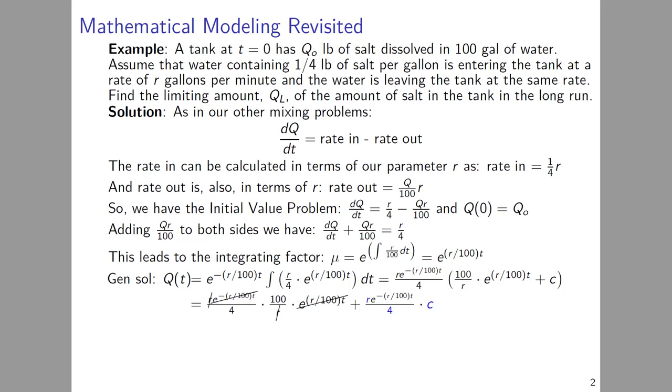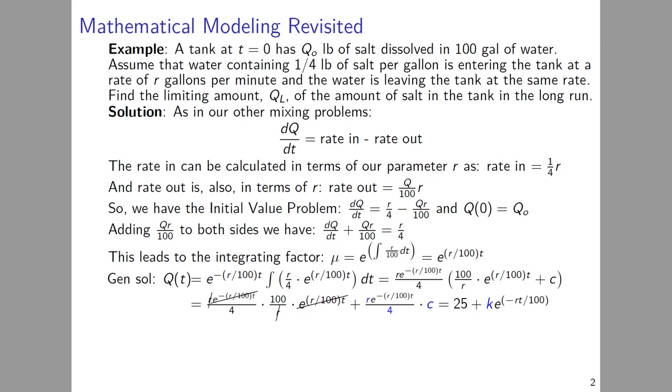And we can simplify this a bit because we have r over r and e to the negative r over 100 t times e to the r over 100 t. So that first term is just 25. And in the second term, r over 4 times c is just another constant. So we can rewrite this as 25 plus k times e to the negative rt over 100, where k is just a new constant, c times r over 4.